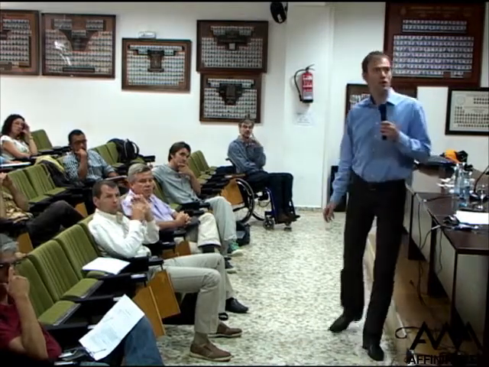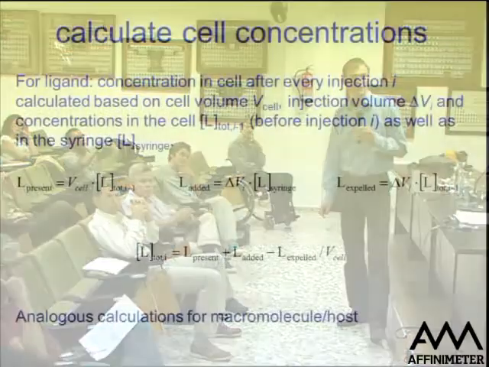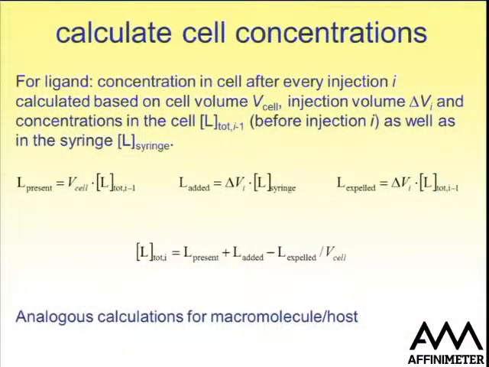So how does that work? Calculating cell concentrations. Essentially what you do is bookkeeping. What goes in, what comes out of the cell every time that you do an injection. So you know the amount of ligand that is present in the cell, which is the volume of the cell multiplied by the concentration of the ligand in the cell. You know how much you are adding, because that's your injection volume and the concentration of the ligand in the syringe.